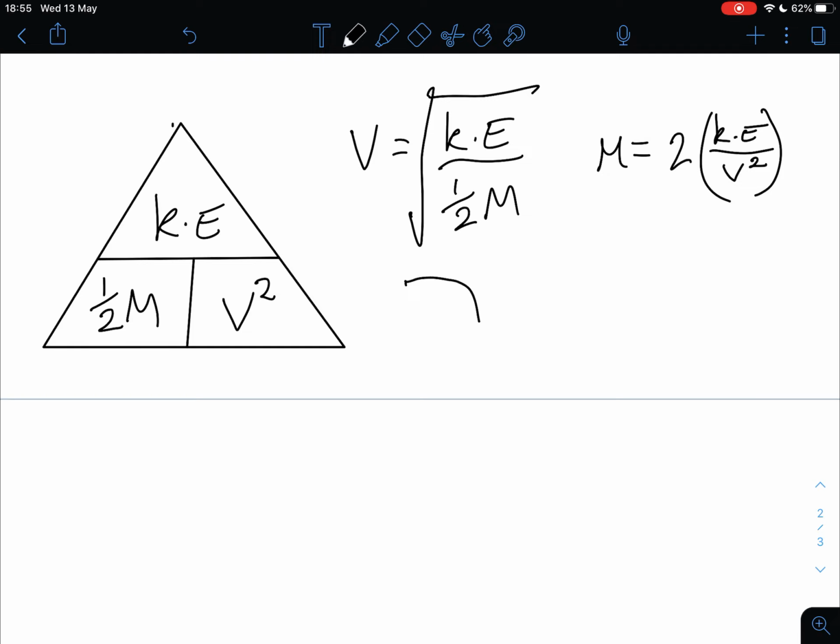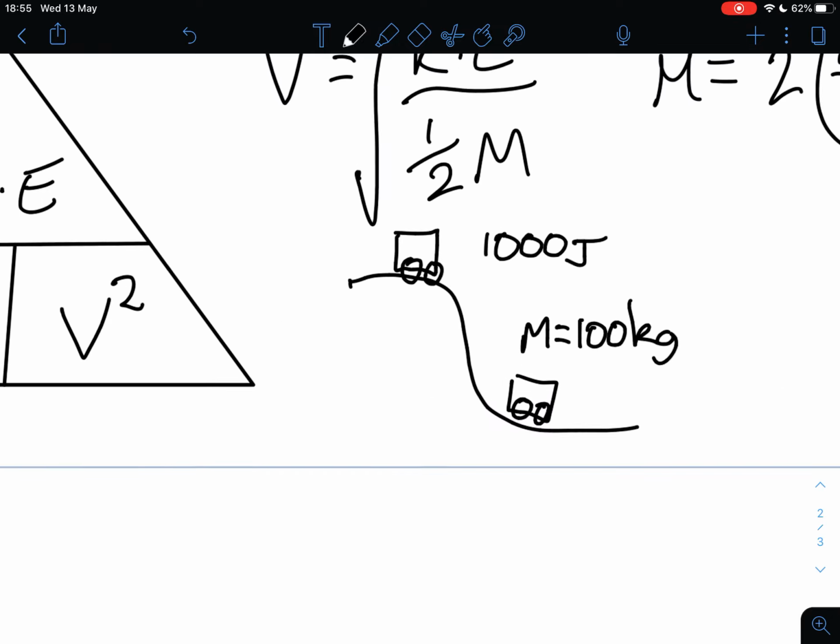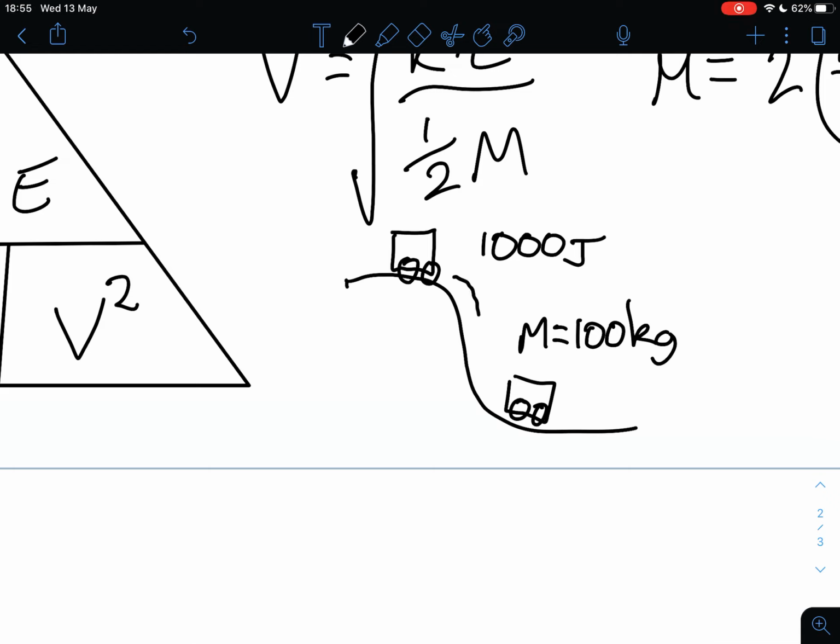Let's take a roller coaster. Roller coaster's got a mass of 100 kilograms. And while it was at the top, it had 1,000, I know I'm going to regret this, 1,000 joules of gravitational energy. So as it goes down here, it's turning all its GPE into KE.